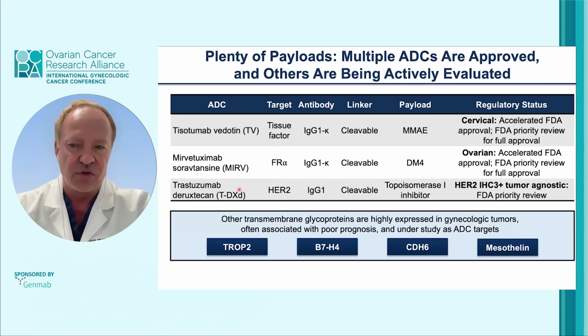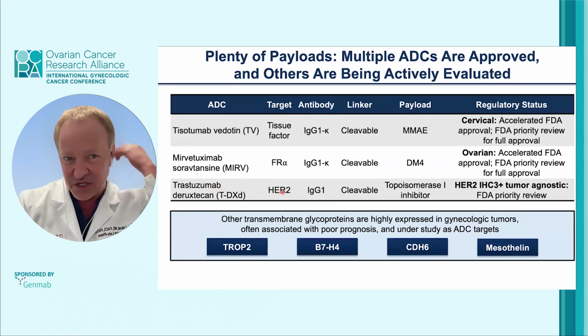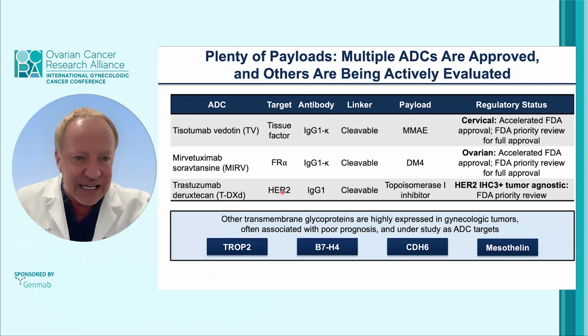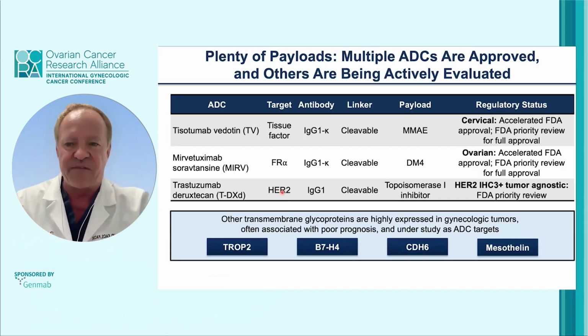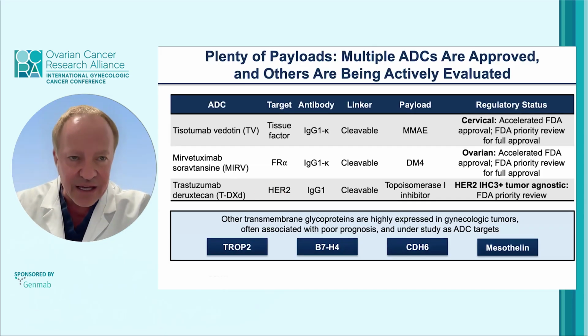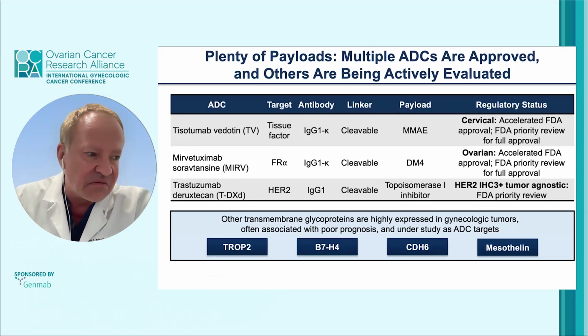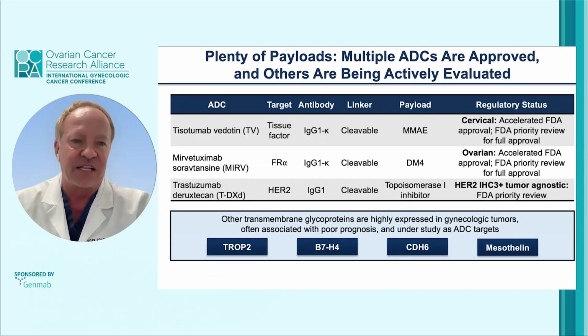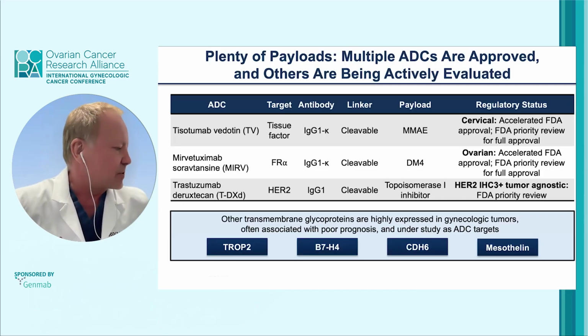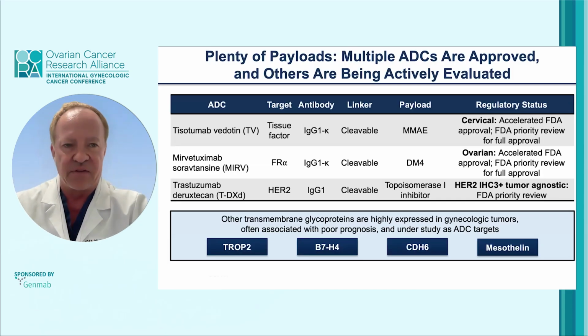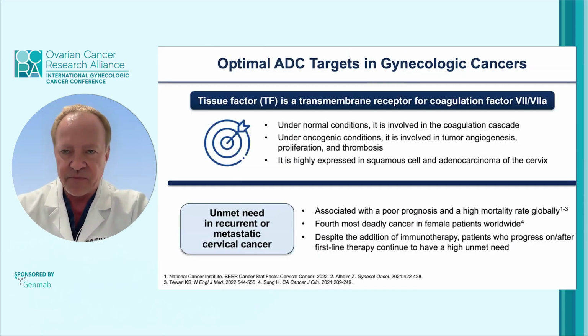And then HER2, trastuzumab deruxtecan, we have to measure it. So sometimes you have to measure the target, sometimes you don't. Ideally, the tumor-specific target is so high, you don't need to measure it because all the tumors have it. But on the other hand, if it's not that high, we can measure it. Pretty simple. We do a biopsy, and then ultimately we can give it to give the patient the best chance.